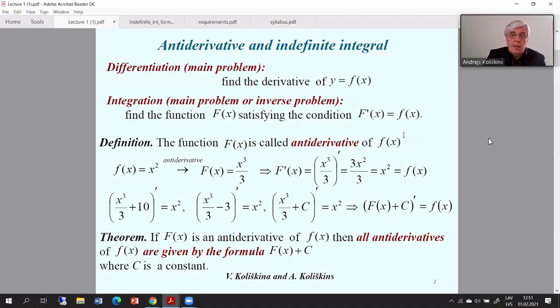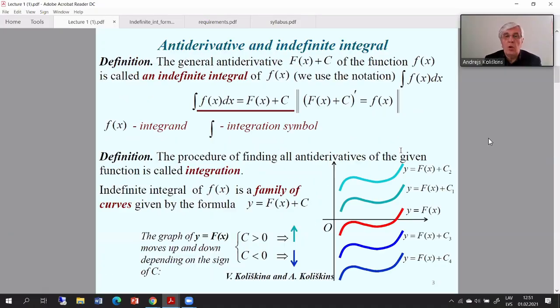Okay, so what we found is that there is not a single antiderivative, but infinitely many. And there is a special notation in calculus to denote the set of all antiderivatives of the given function. So this symbol is the following. This is the whole notation that we'll be using quite often this semester.